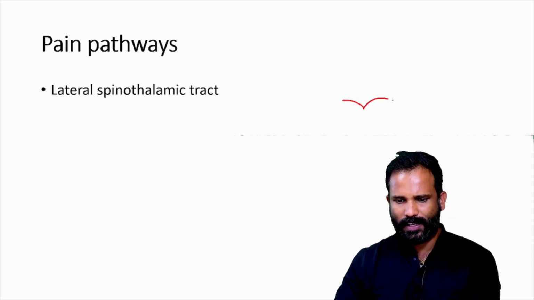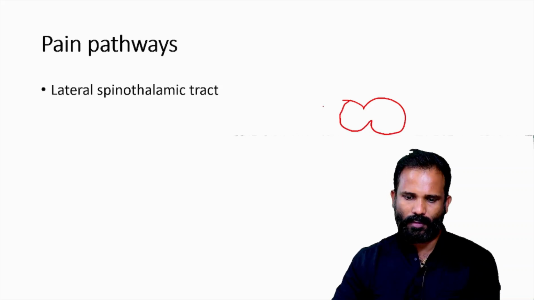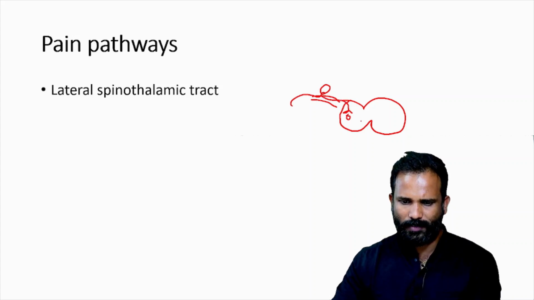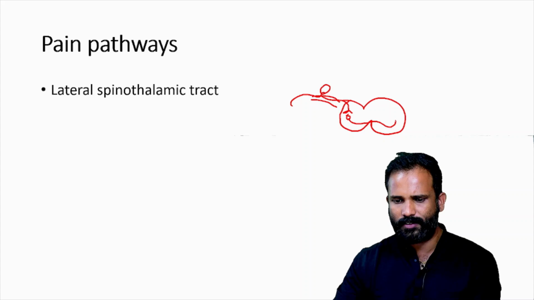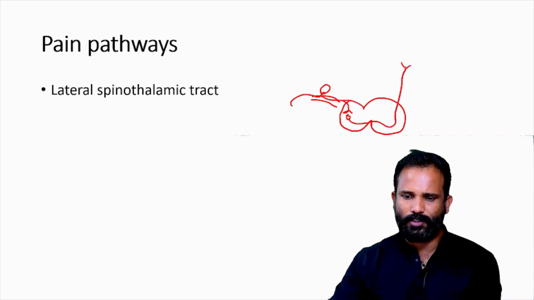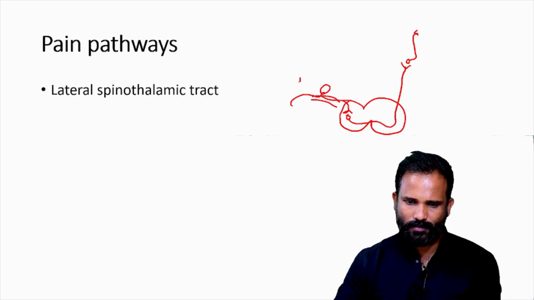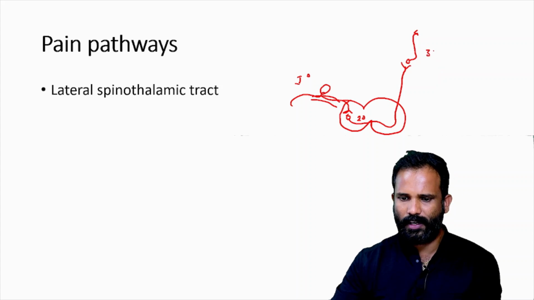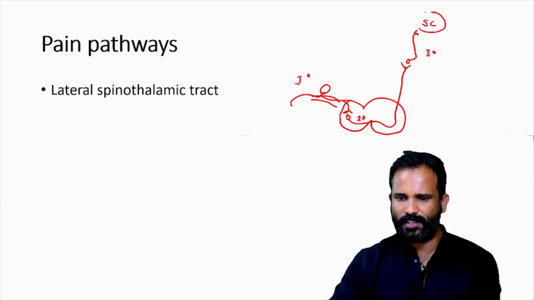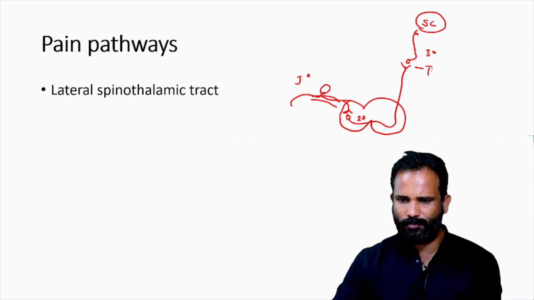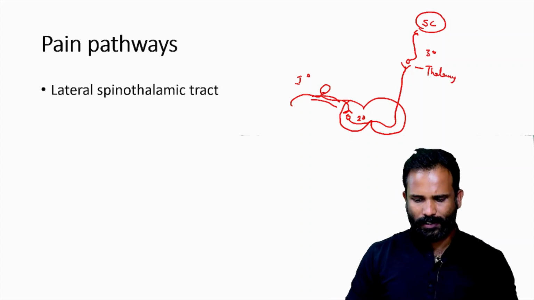If we take this as the spinal cord and this is the dorsal root, there is a dorsal root ganglion which is the first order neuron, and from there the second order neuron starts and crosses to the opposite side, goes to the thalamus, and from there to the sensory cortex. So first order neuron, second order neuron and third order neuron. Finally it goes to the sensory cortex. Third order comes from the thalamus. So this is the lateral spinothalamic tract.